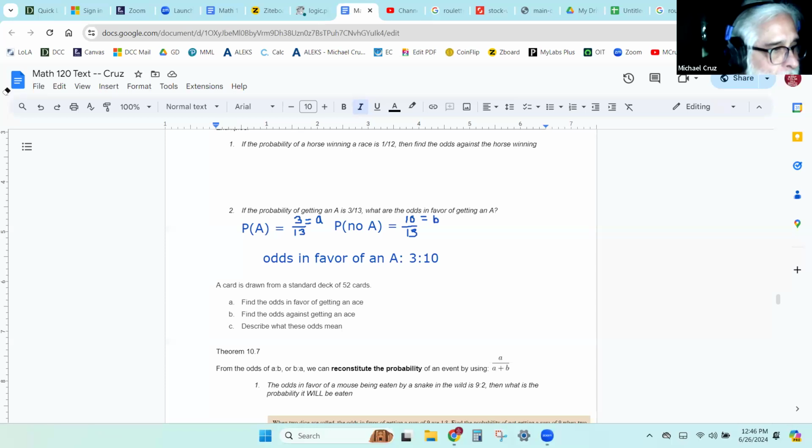Well, hopefully we've noticed by now that the two numbers, A to B, if we add them up, give us our denominator of the original probabilities.